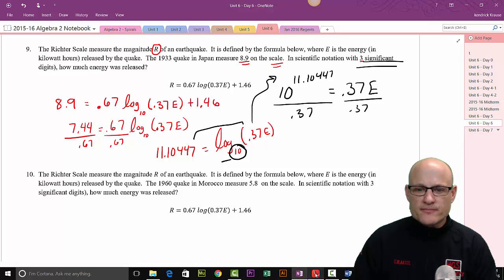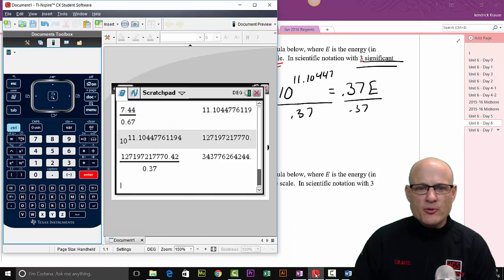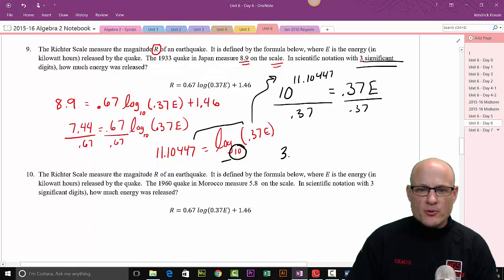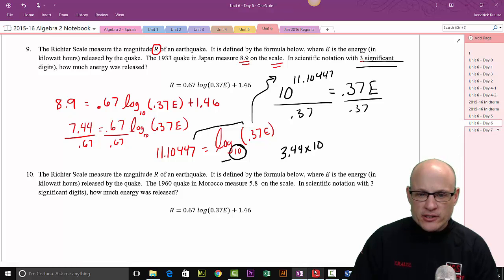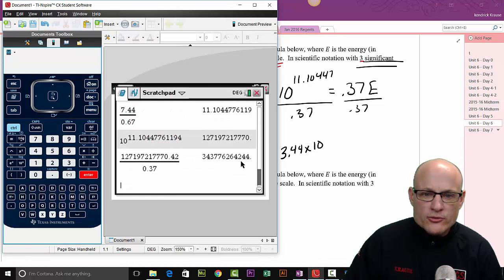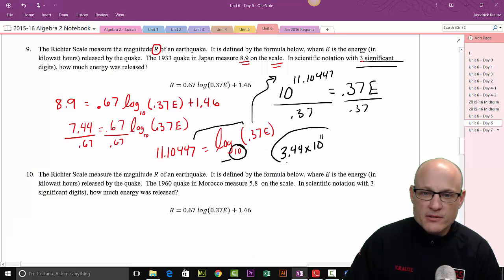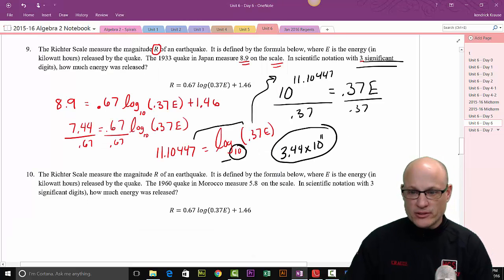So 3.44 times 10 to the 11th. That's how much energy was released. Holy crap.